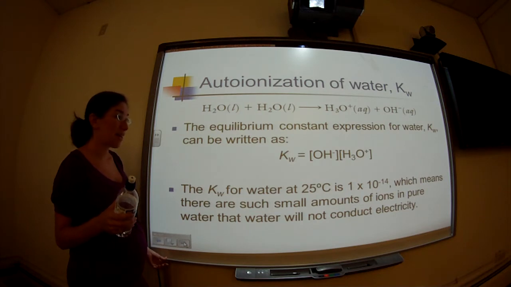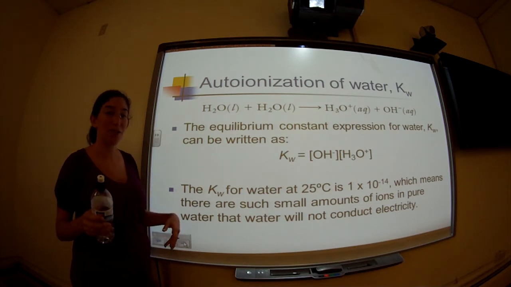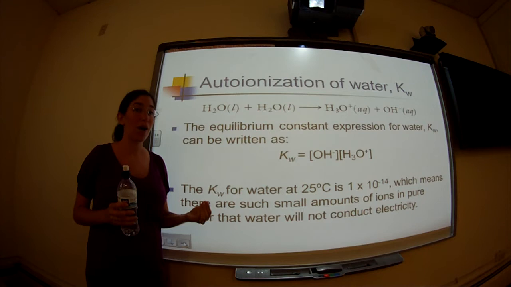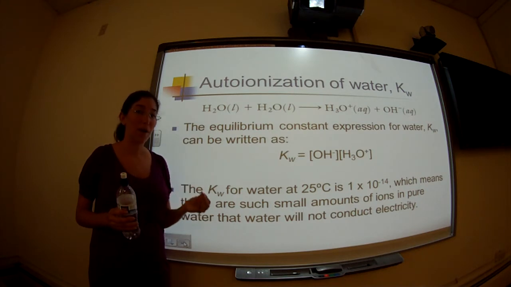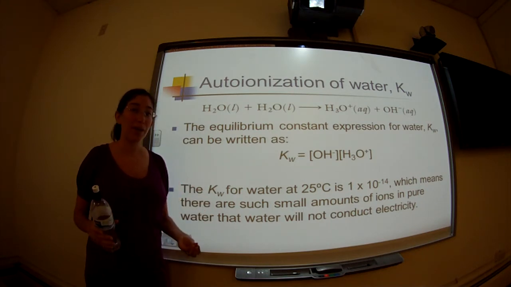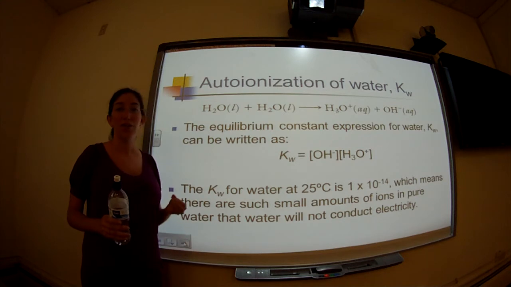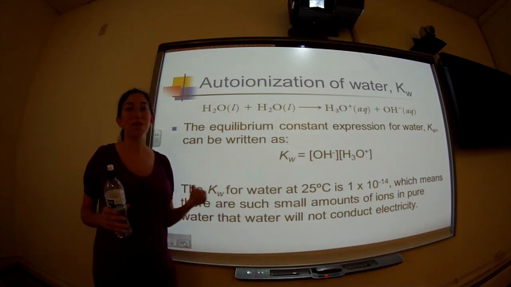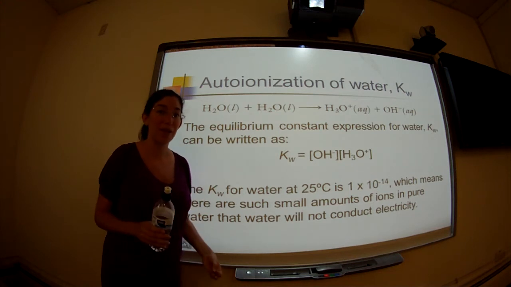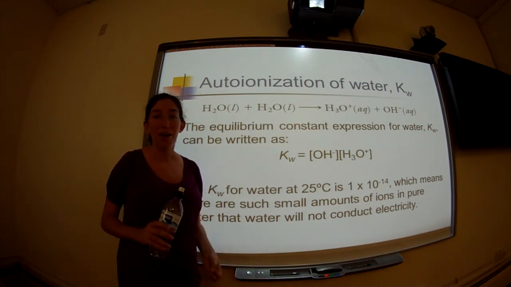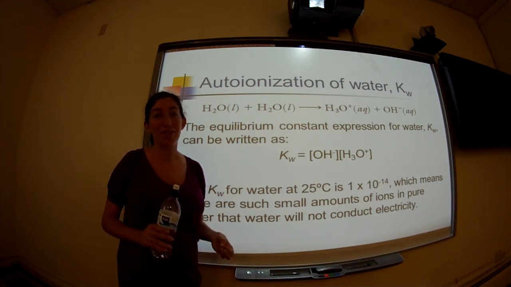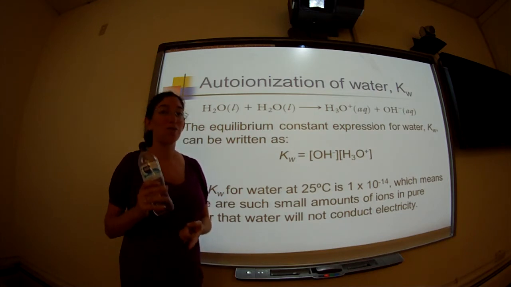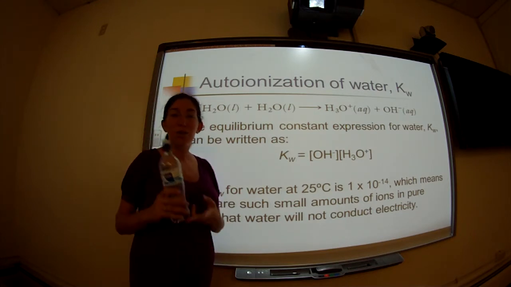And because it has such a small concentration of ions, truly pure water is actually a very poor conductor of electricity, which I think is sort of counterintuitive because we all know you're not supposed to drop the toaster oven in the bathtub, okay? That's because tap water actually has a lot of ions, a lot of minerals, like fluoride and chlorine.